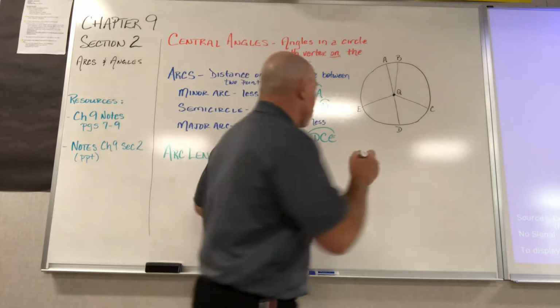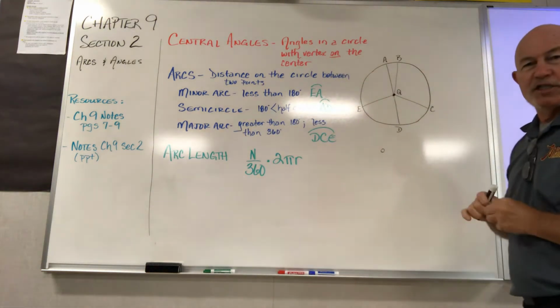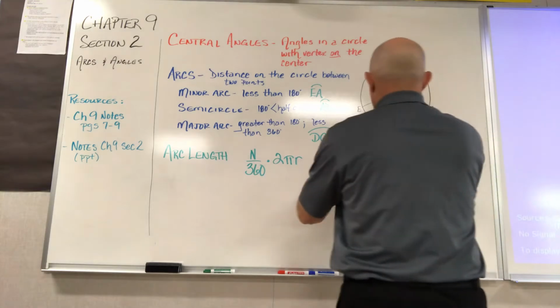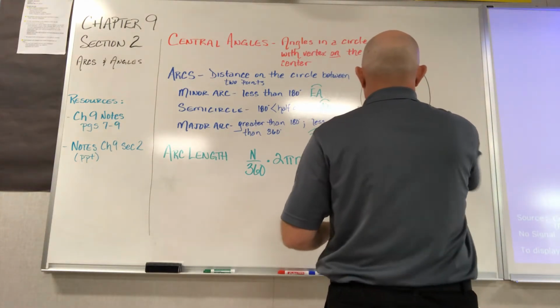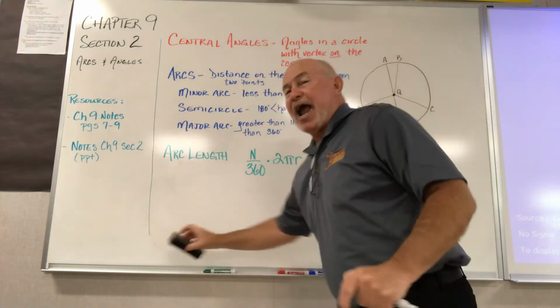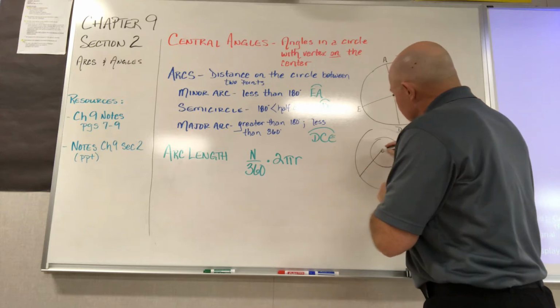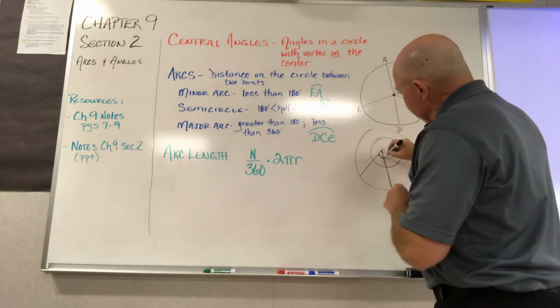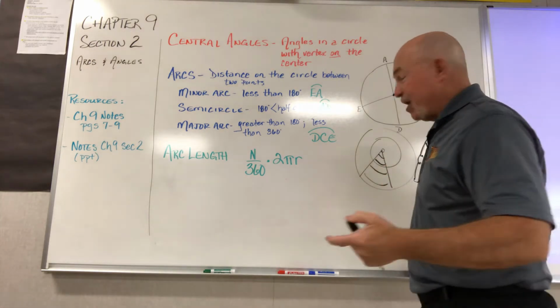If I have a circle that's 360 degrees, yeah, you can barely see it. And there's one, and there's one. Those are all 360 degrees, right? And because the angles come through, each of the arcs formed are going to be the same.